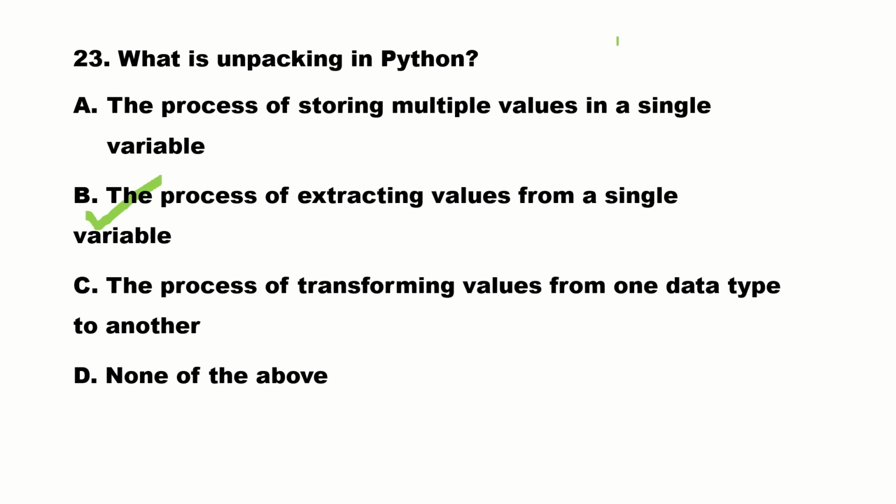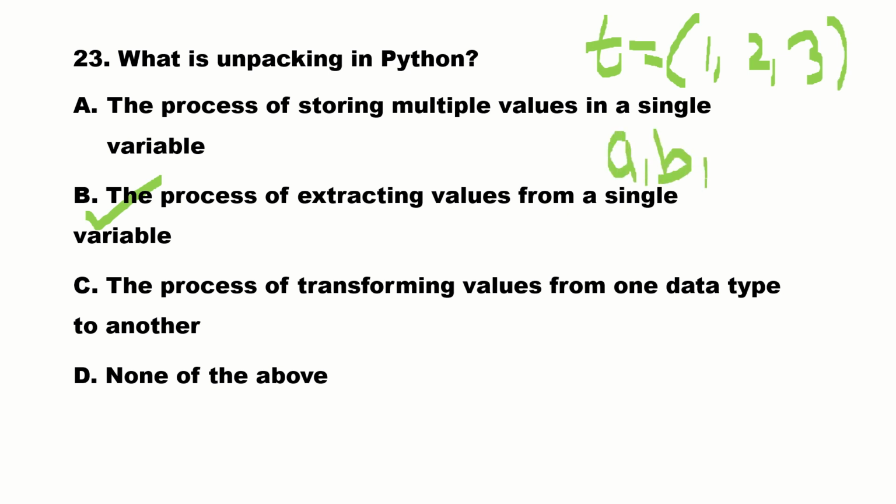Suppose T is equal to 1, 2, 3, and then A, B, C is equal to T. Here T is unpacked and its individual values are assigned to the variables A, B and C. The resulting variables A, B and C can be used in the program just like any other variable. Understand? The process of extracting values from a single variable is known as unpacking.